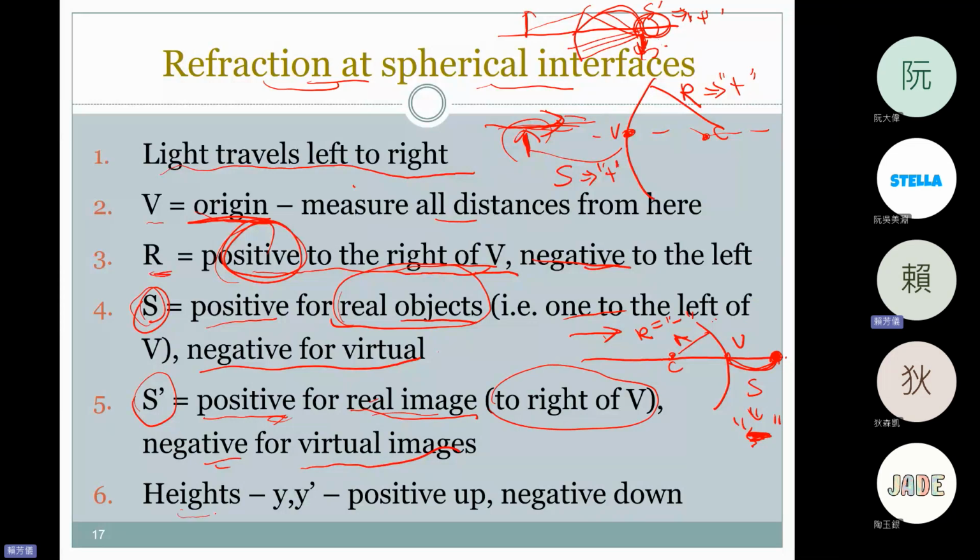And for the height of the object or the image, positive means the object is upright. So in this situation, the Y is positive. But in this situation, pointing down, the Y or Y-prime will be negative.